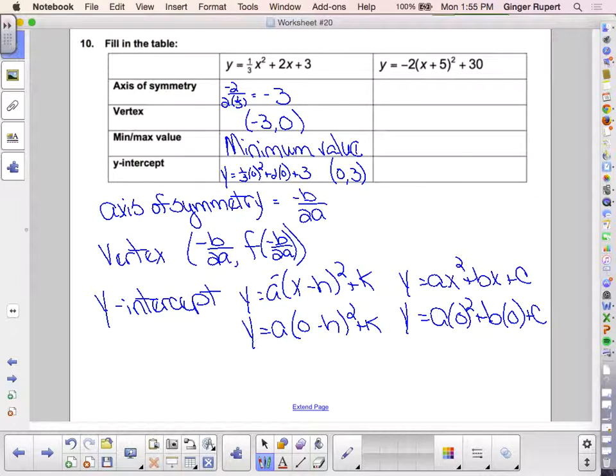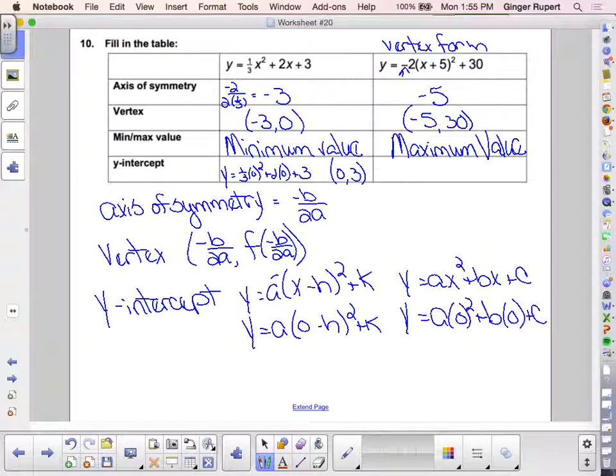Now going over to the second form, this is vertex form. This one's easier to find the axis of symmetry because you know the vertex for this is at (-5, 30). So you know the axis of symmetry is at minus 5. You know because it's negative, it opens down. Therefore, it has a maximum value. The y-intercept, you'll just let x equal 0.